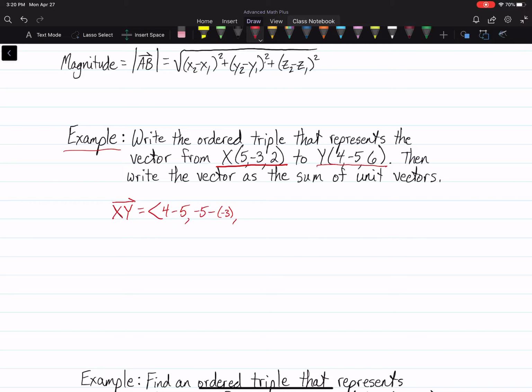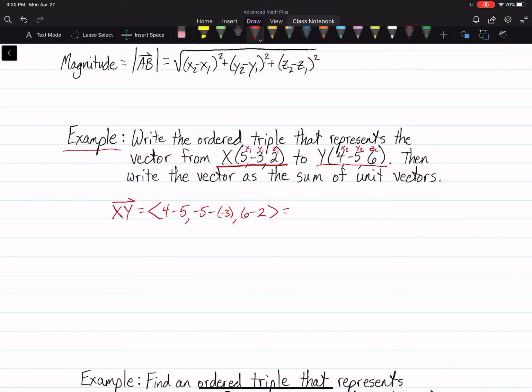And the third, the z, the second z is 6 minus the first z, 2. And again, that's x1, y1, z1, x2, y2, z2. After that, you're just plugging into the formula.